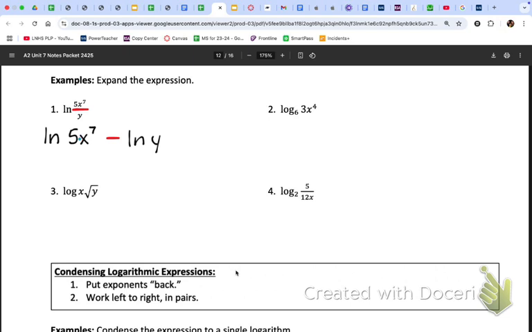You multiply. That's multiplication, so I can expand it with, look at the top, addition, right? Adding. And so I'm going to split these apart, I'll do natural log of 5 plus natural log of x to the 7th. And then you still have this guy at the end.